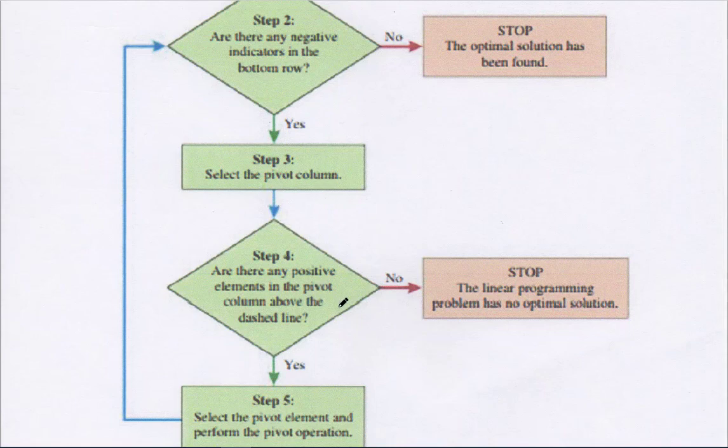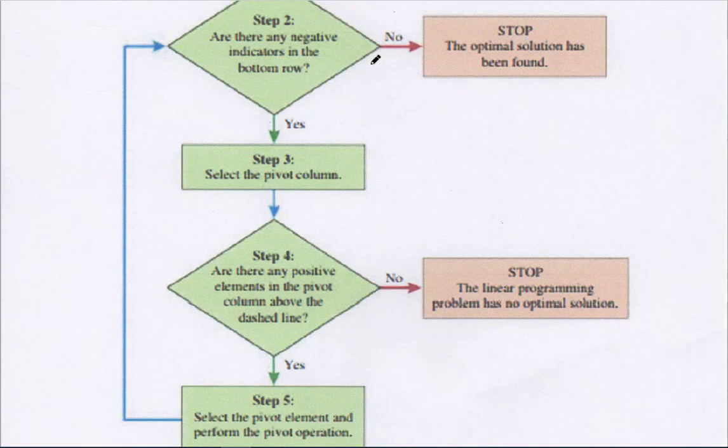Then we're going to look for a pivot row, and that's going to depend upon the things in the pivot column. If the things in the pivot column are all negative or zero, then we stop. There is no optimal solution. So there's two ways that we stop this process.